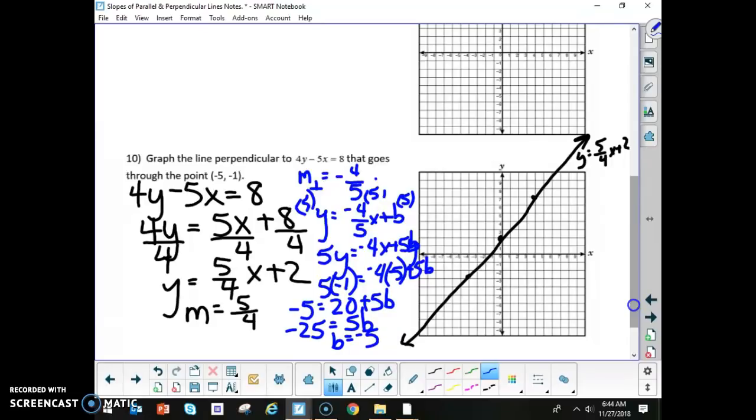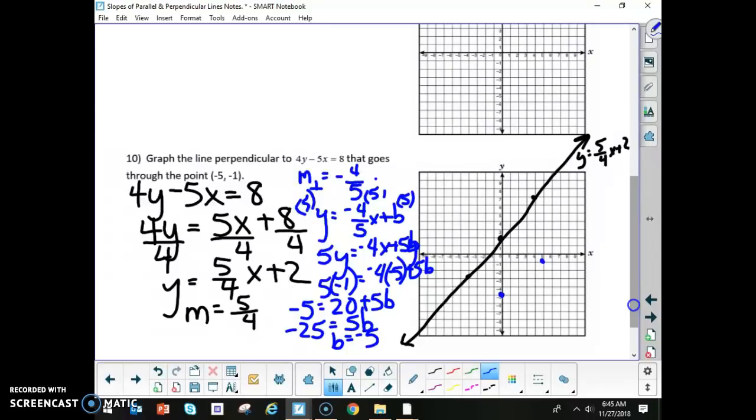So I'm going to start at negative 5, and I'm going to go up 4 and over 5.